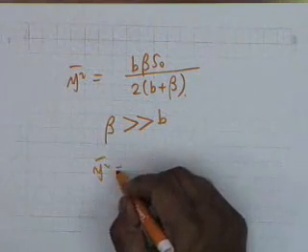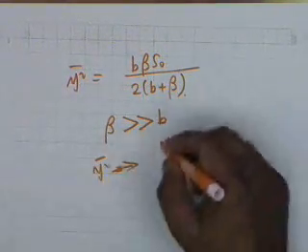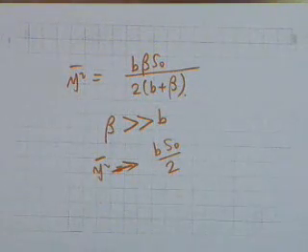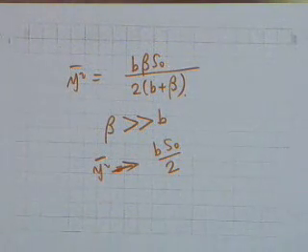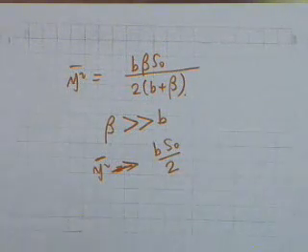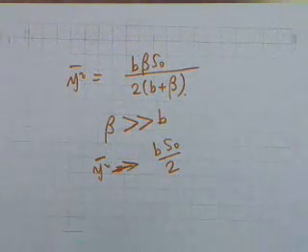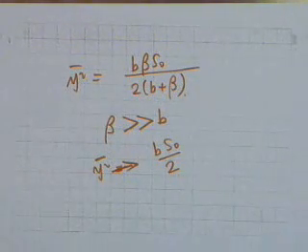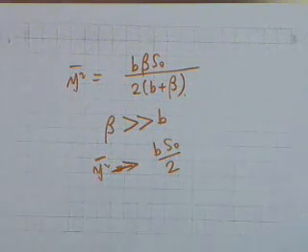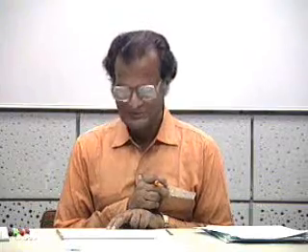Then y squared bar tends to b S naught divided by 2, which is also the mean squared value of the output of white noise.